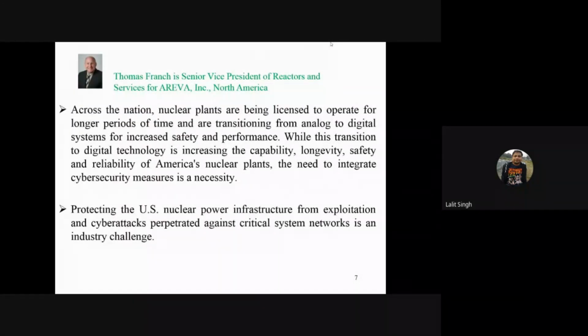Similarly, Thomas French, who is a senior vice president of reactors and services for Areva, a good company responsible for the construction of nuclear power plants in North America, said that across the nation, nuclear plants are being licensed to operate for longer periods and are transitioning from analog to digital systems for increased safety and performance.